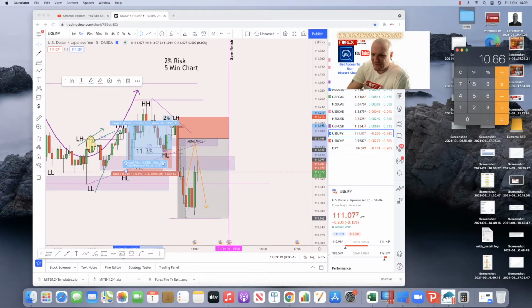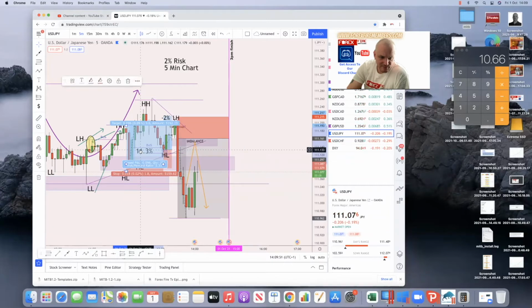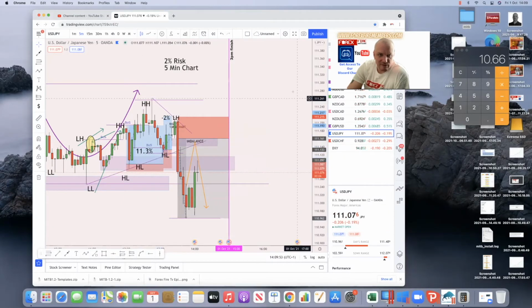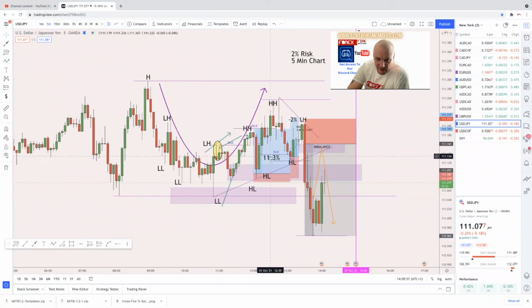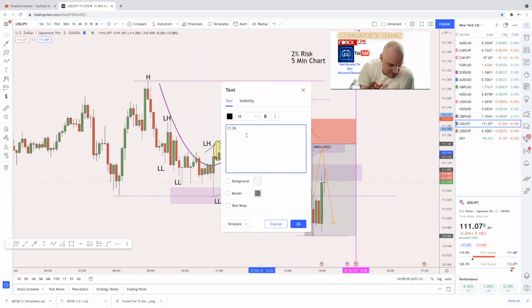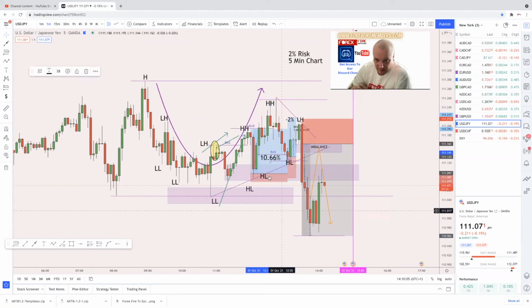Where did I get that 11 from? 5.33 times by the 2, it's 10.66. Let's make this bigger. So it's 10.66% growth. That's where that would have been.